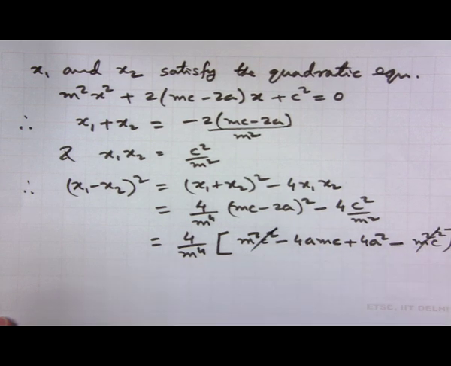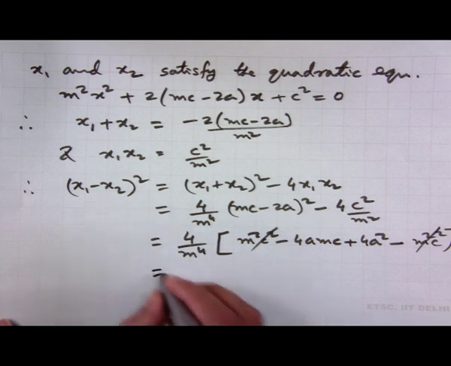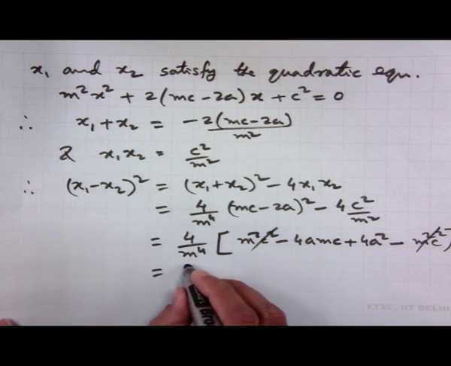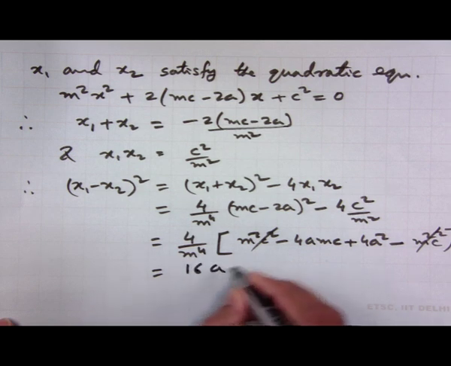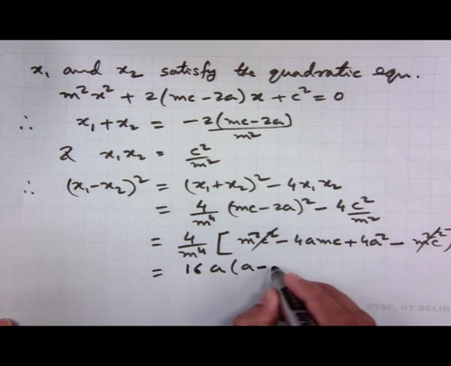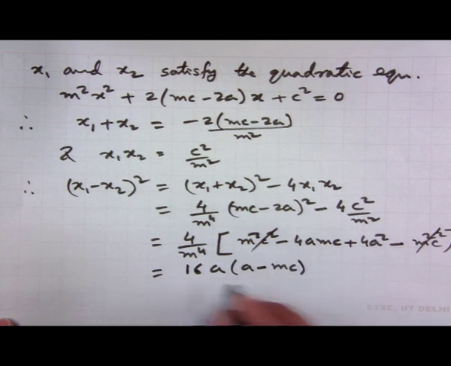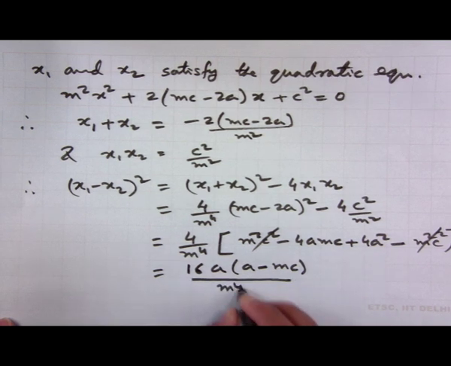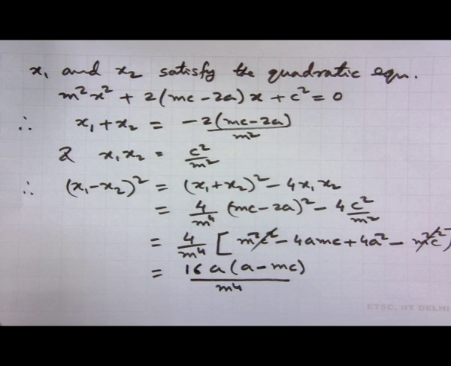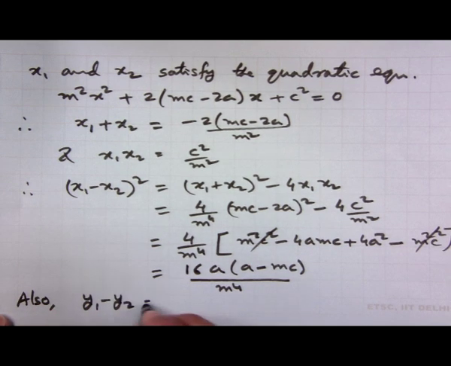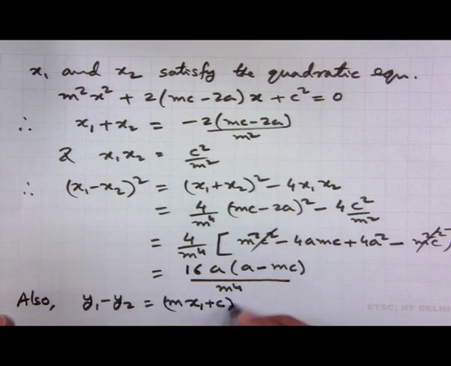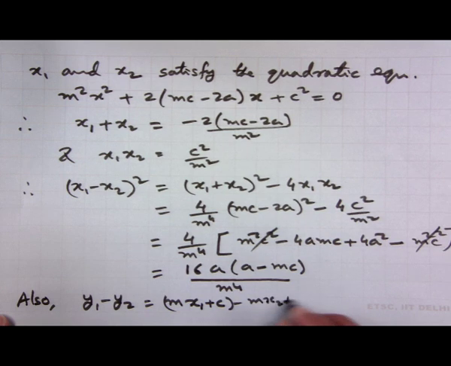So, this cancels and we get this is equal to 16 times a into a minus m c divided by m to the 4, and y 1 minus y 2 is equal to m x 1 plus c minus m x 2 plus c.